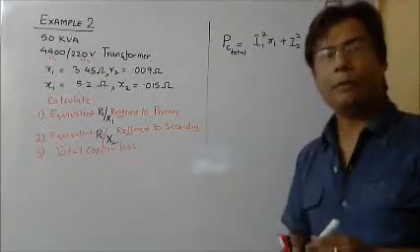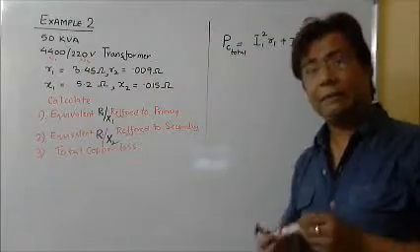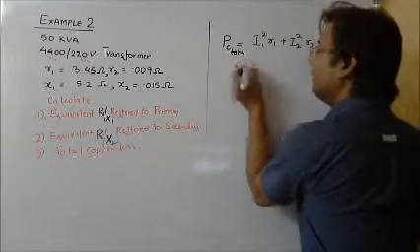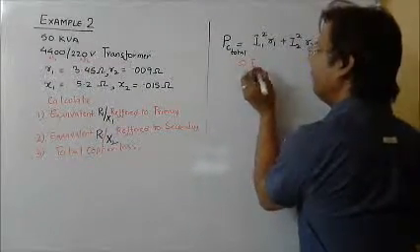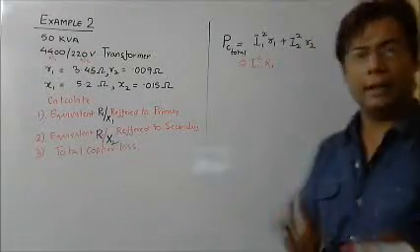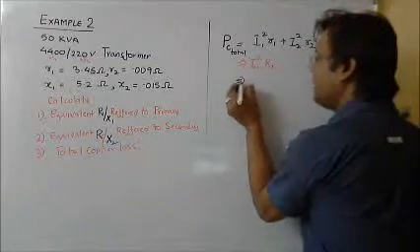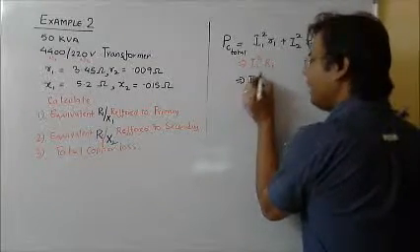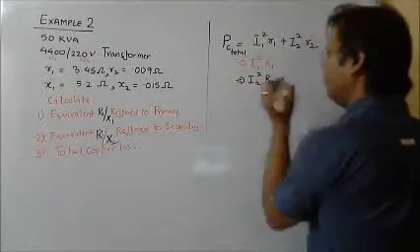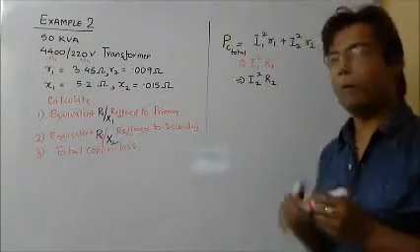This is one way of finding the total copper loss. Another way is I1 square into R1, which we have found earlier, and I2 square R2. These are the three formulas by which I can find the total copper loss.